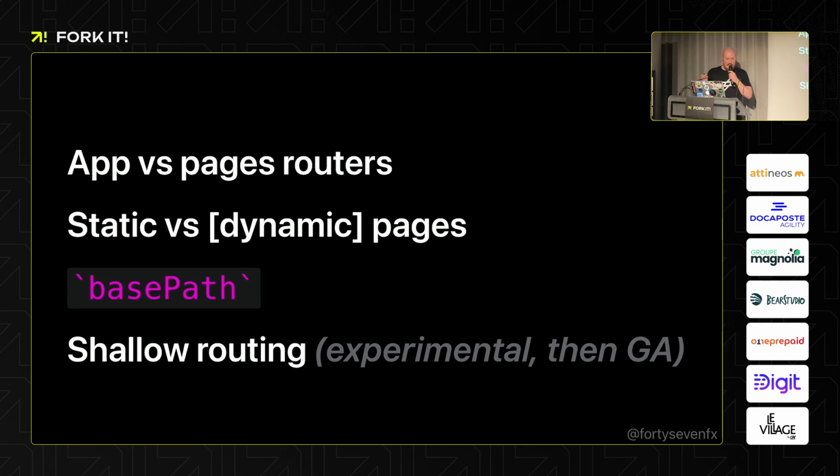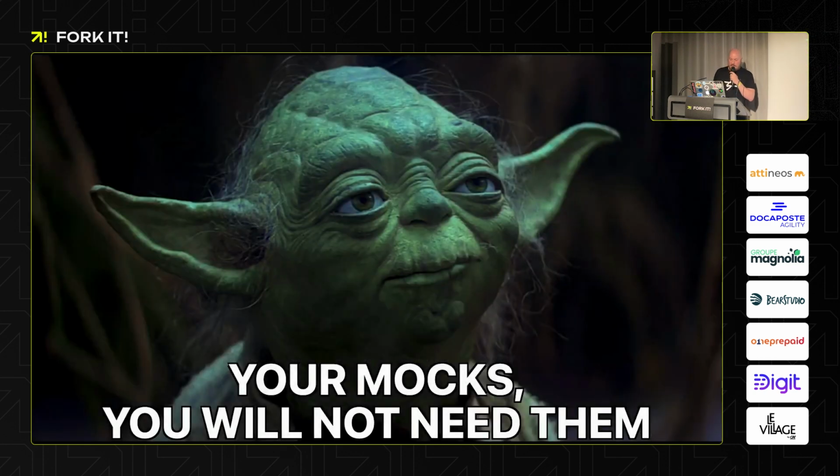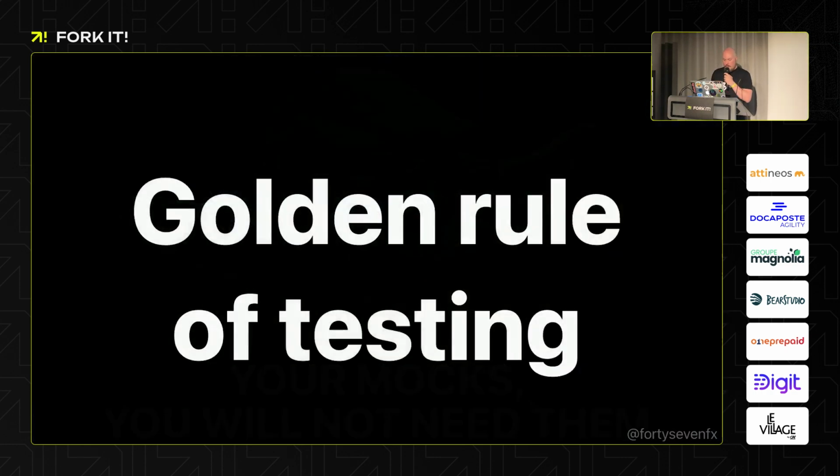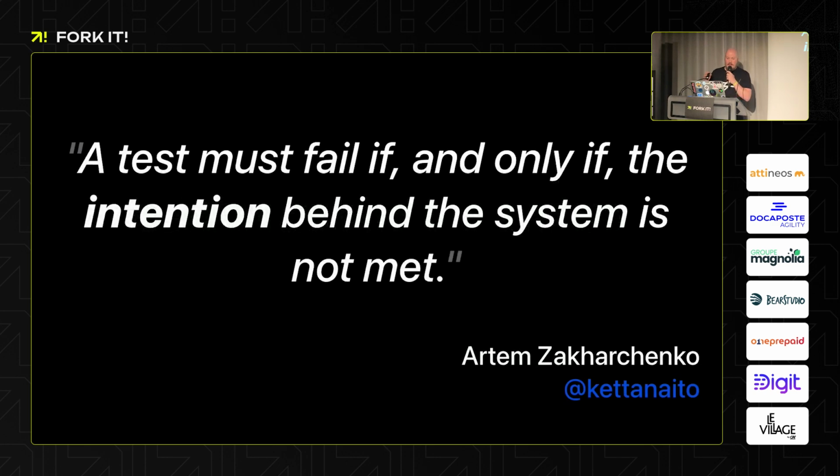So how do we test that through all the versions? And initially, we think that we could just mock the thing and say that if we update the URL, it should be let out. But mocks will actually not help us here. We need to follow the golden rule of testing, that a test must fail only if the intention behind the system is not met.